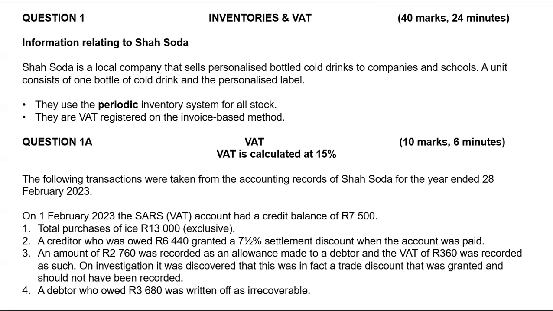Purchases expense attracts VAT input. So VAT that is calculated on those will be VAT input that we are allowed to claim back from SARS. We paid, but we are allowed to claim it back from SARS. So whatever VAT we calculate on that 13,000 will reduce what we already owe SARS. It will reduce that 7,500.